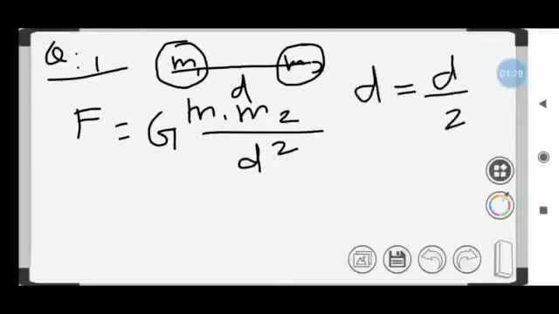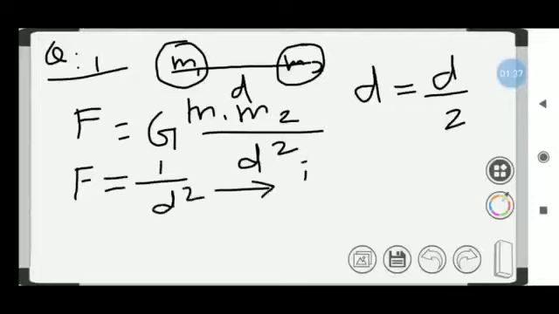So when the distance is reduced by half, instead of d you have to put d by 2. The others will be constant, so forget about them. So F is proportional to 1 by d square. This is equation 1.